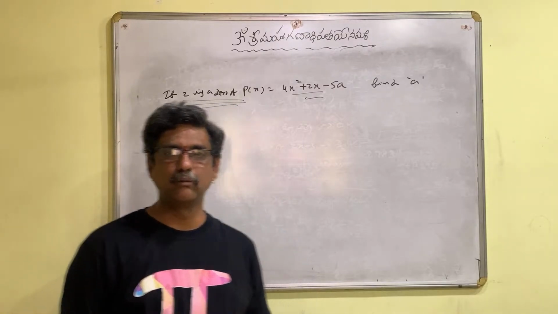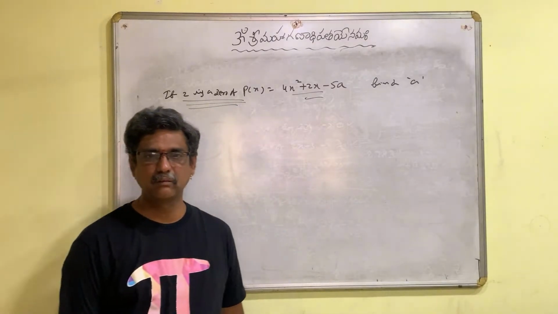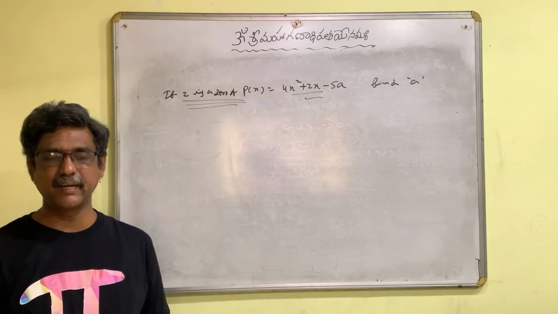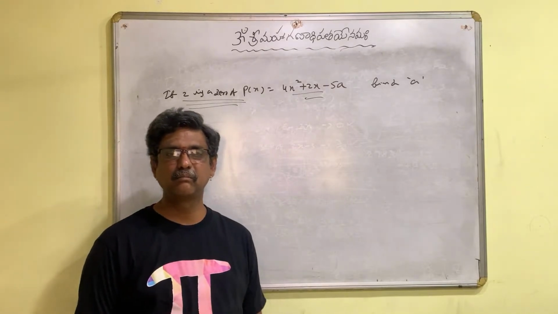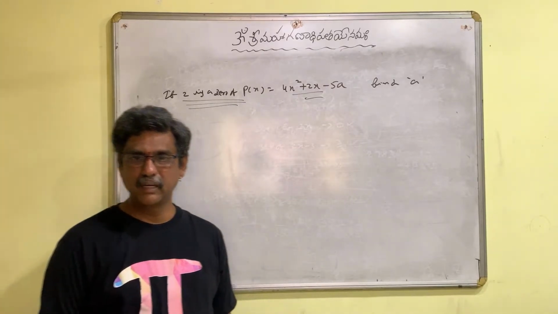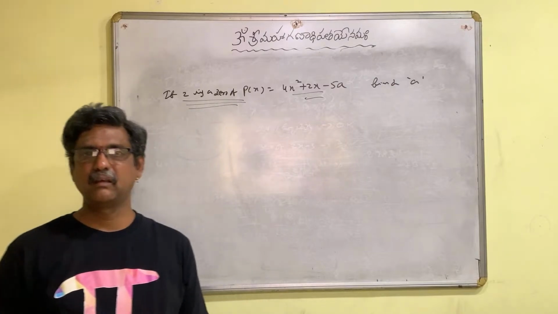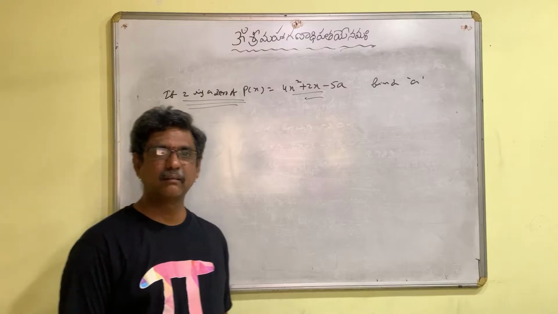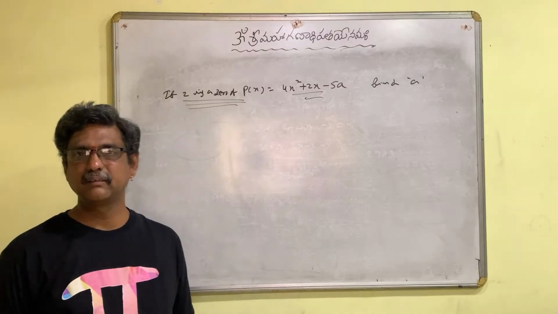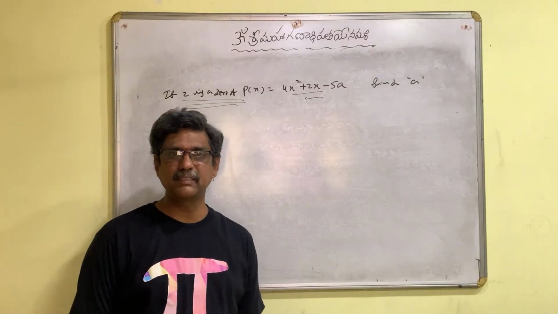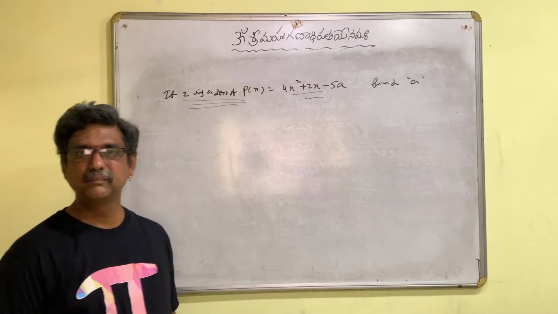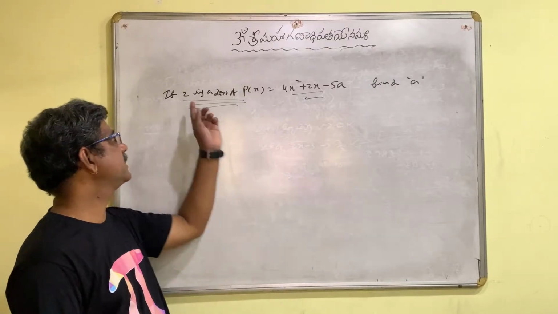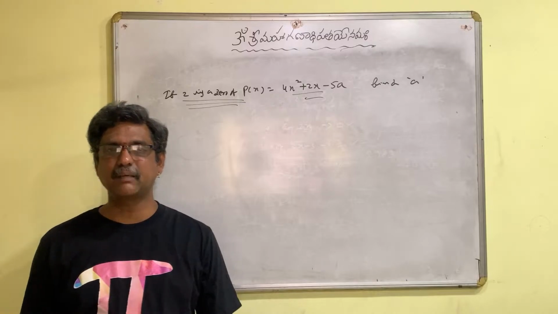Last class I told you in school, day before yesterday. What is the meaning of zero? I told you that. 2 is a zero, it is given clearly. What is the meaning of it?